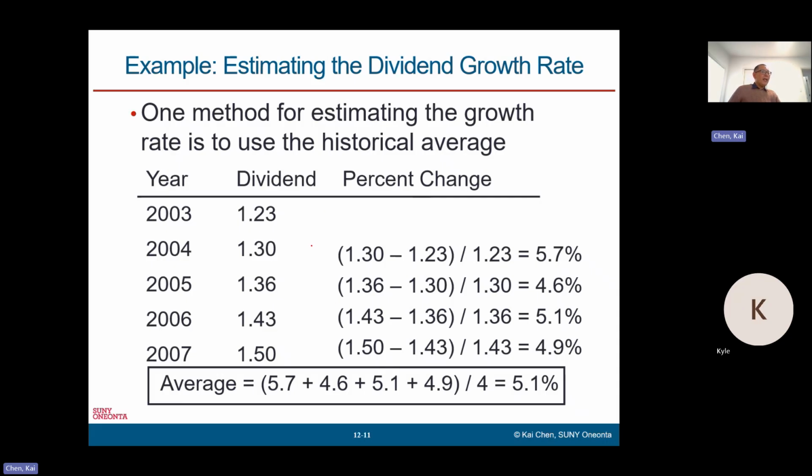Now we can calculate the percentage change, the yearly growth rate. For year 2004, the growth rate is, now we are calculating the growth rate, so that should be the ending value, 2004 dividends, minus the beginning value, 2003 dividends, divided by the beginning value, 2003 dividends.